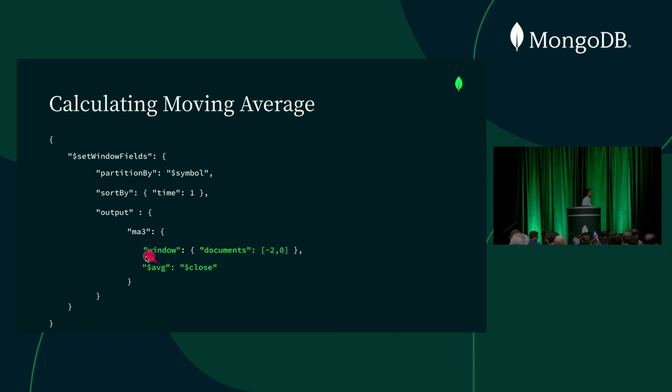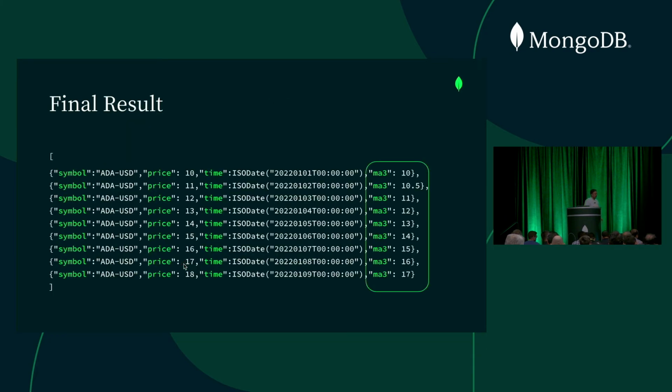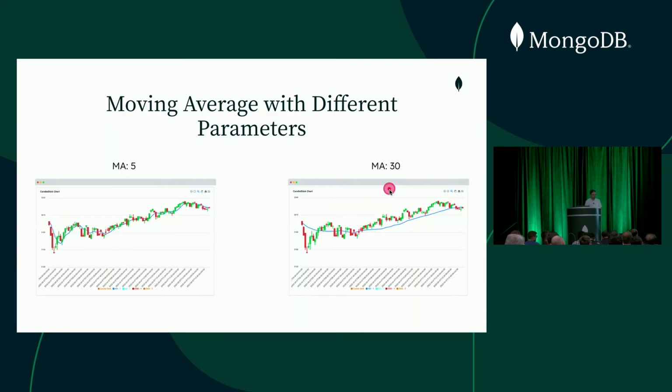And average needs to be calculated on this field. The field name is close. And the average needs to be calculated on the close field for last 3 records for every partition. After you execute this, you will have a new field assigned, a properly calculated moving average.